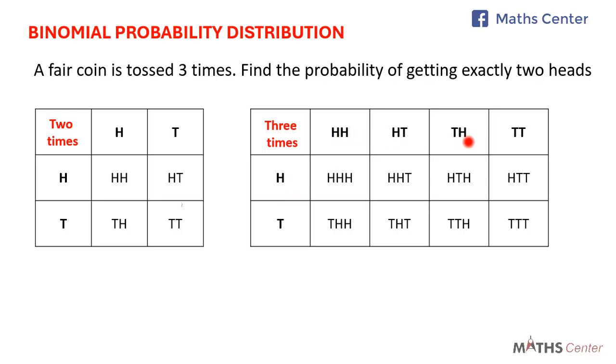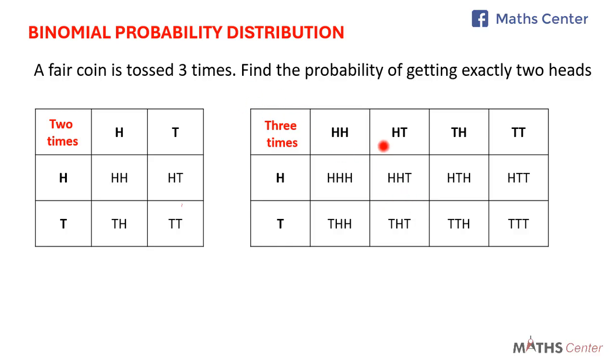When you cross them, you have head head head, head head tail, head tail head, head tail tail, tail head head, tail head tail, tail tail head, and tail tail tail. So this gives us the possible outcomes when you toss the coin 3 times.